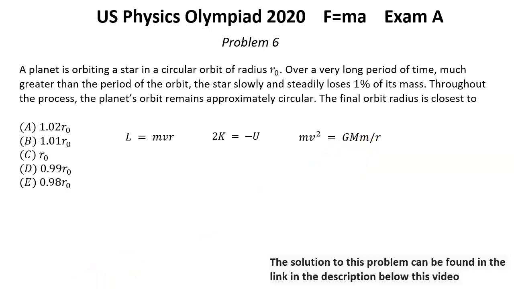It means that the mass of the star is proportional to v squared multiplied by r, which is proportional to L squared over r, where L is conserved. It means that a 1% decrease in the star's mass gives a 1% increase in the orbital radius, which is answer B, and that was the solution for problem number 6.